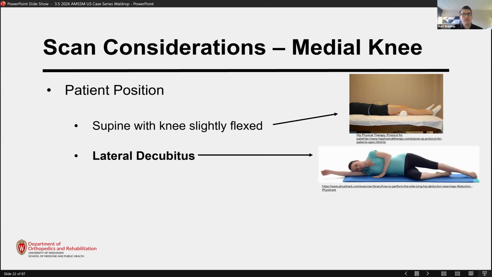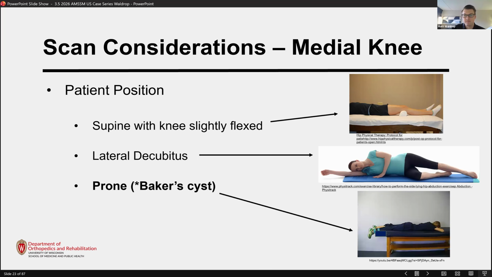Having the patient lie in lateral decubitus position on the side of the leg of interest can be beneficial for evaluating structures of the medial aspect of that knee, just making sure the bottom knee is slightly more anterior than the top knee. And then having the patient lie prone with the end of their feet hanging off the table can be beneficial for evaluating the posterior knee, including potential aspiration and injection of a Baker cyst.